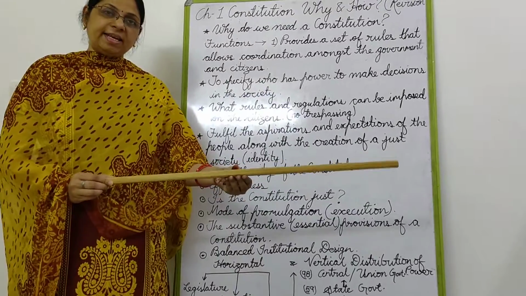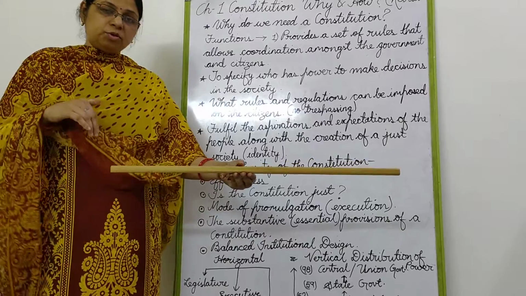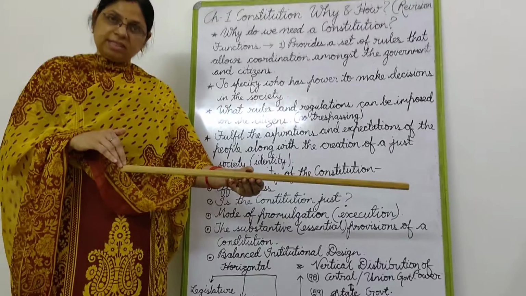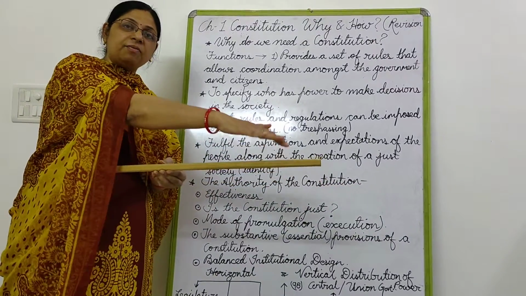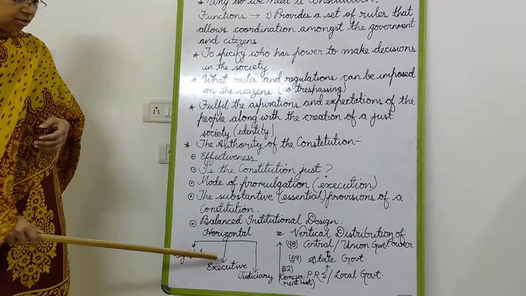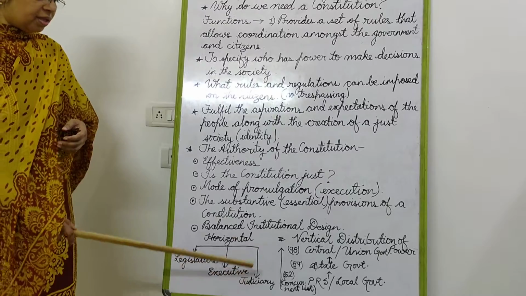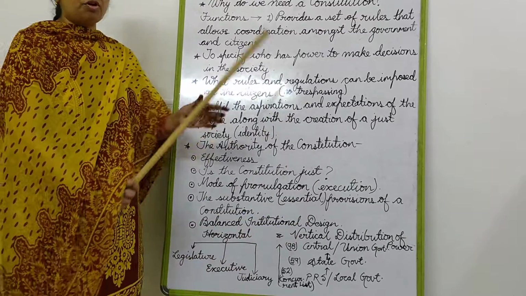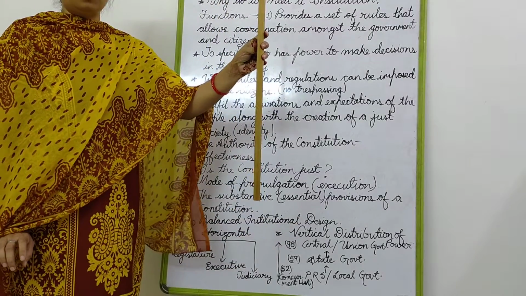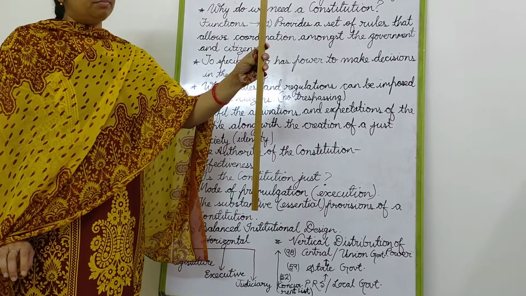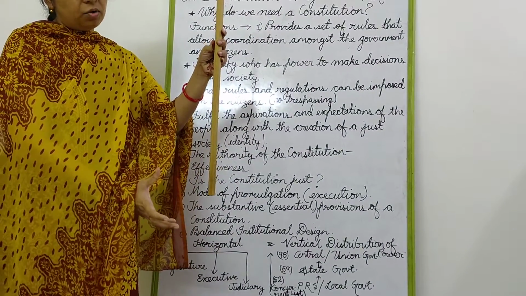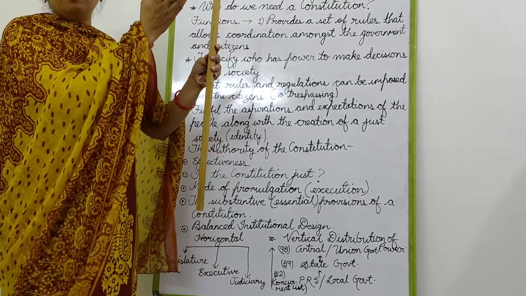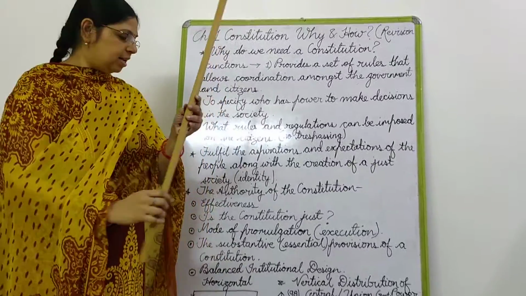Horizontal means like this: in the first part we have the legislature, in the second part we have the executive, and in the third part we have the judiciary. You can check it out over here. Then the vertical distribution of power. Vertical means up, something straight from the below level, the power increases to the higher level.